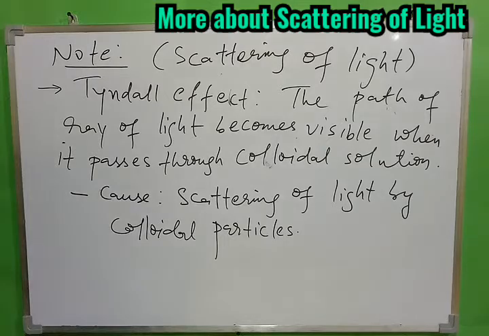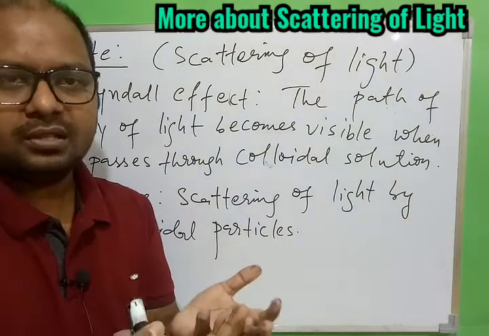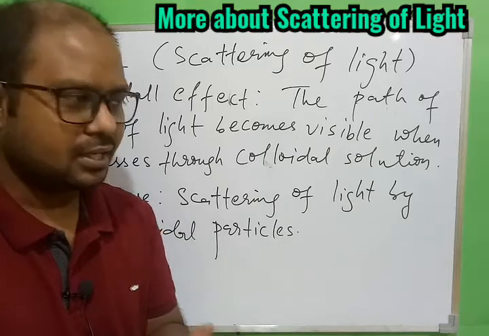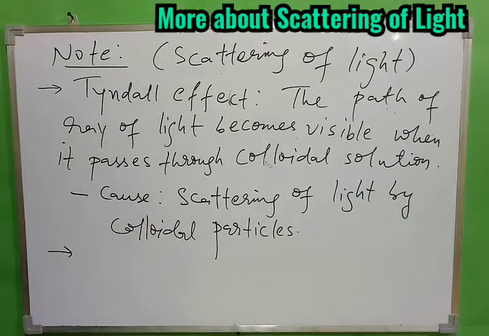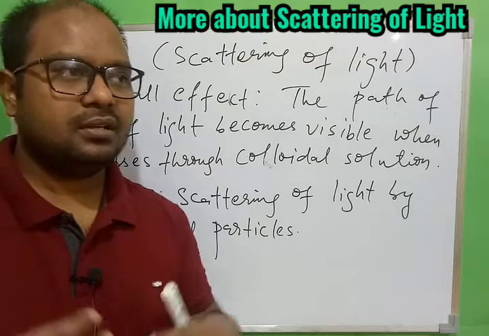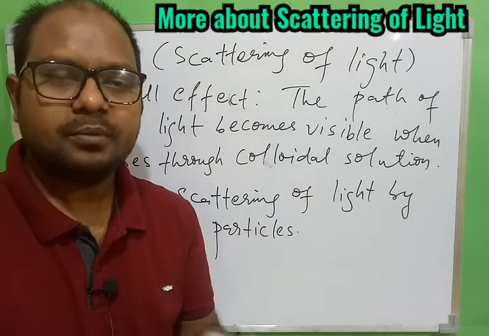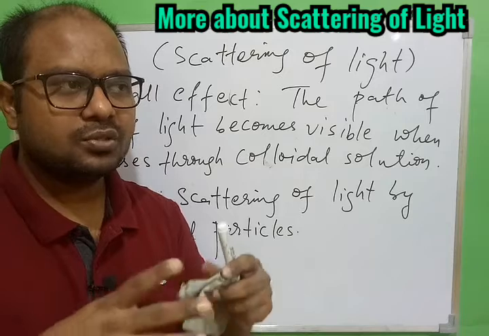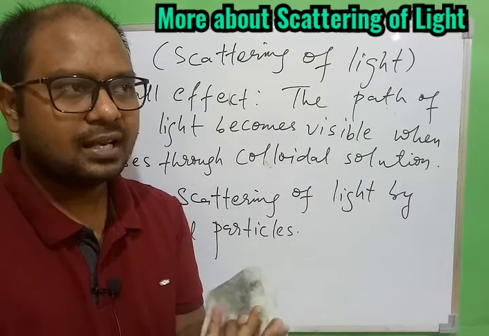Next thing is, if we are able to see the light within the room or anywhere, it is just because of scattering, that you have to remember. Even within this room, within this atmosphere, we have particles which are always scattering the light. Only because of that scattering we are able to feel the light, we are able to sense the light.